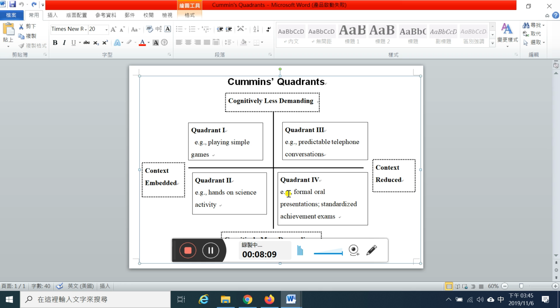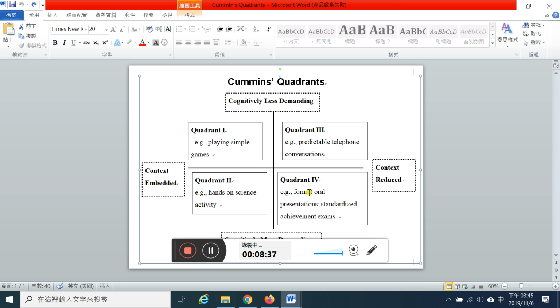And Quadrant 4 is the last quadrant. This is the most difficult part because it's more abstract and with less clues. That is what we encounter in school settings. That's what you are encountering in our TESOL theory classroom as well. All of the readings are difficult. All of the articles are extremely hard, extremely abstract.